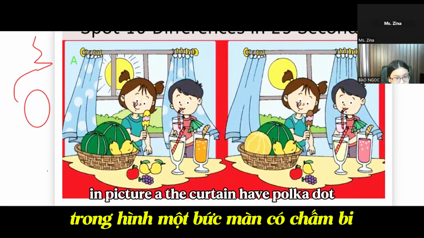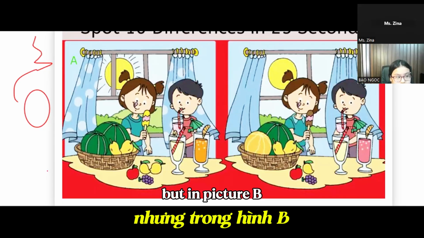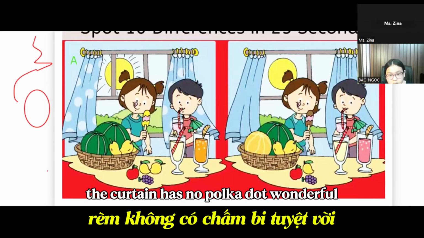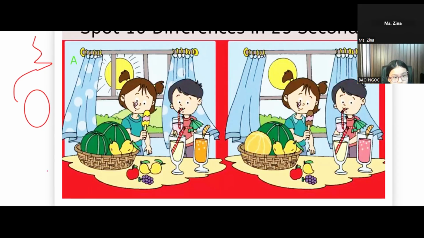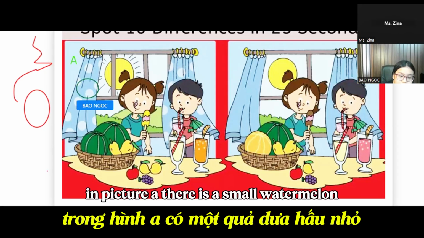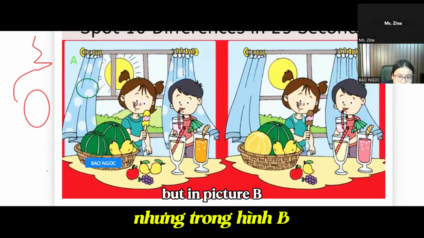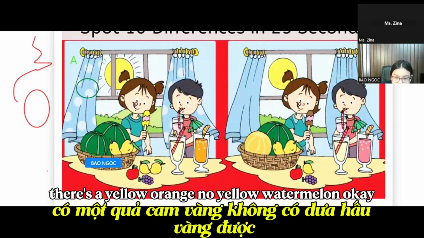In picture A, the curtain has polka dots, but in picture B, the curtain has no polka dots. Wonderful. In picture A, there is a small watermelon, but in picture B, there's a yellow watermelon.